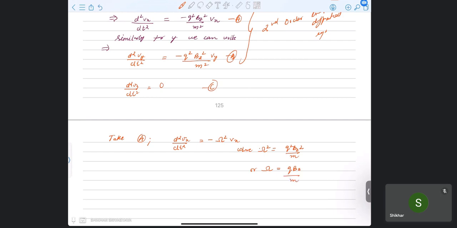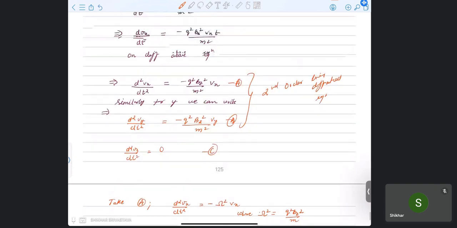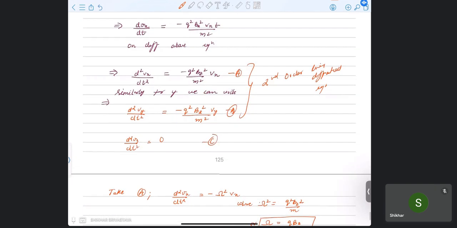So this is the angular frequency of the electron or ion when it is present in a uniform and static magnetic field. So it will start oscillating in a plane perpendicular to the direction in which the magnetic field is applied with this frequency. We also know the solutions of these equations A, B and C are nothing but the simple harmonic equation solution.